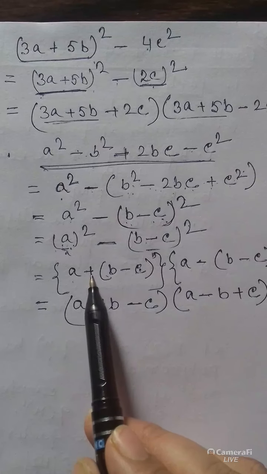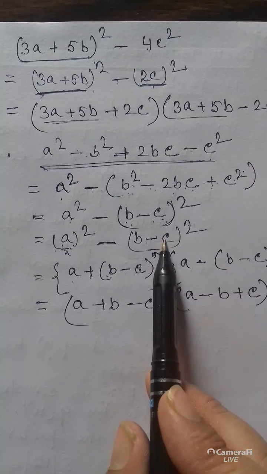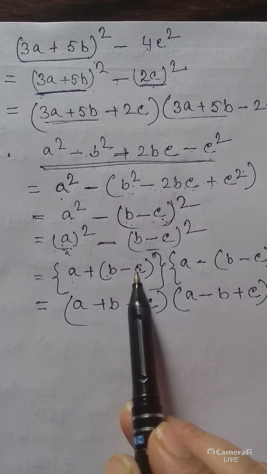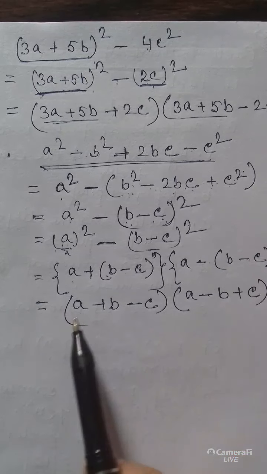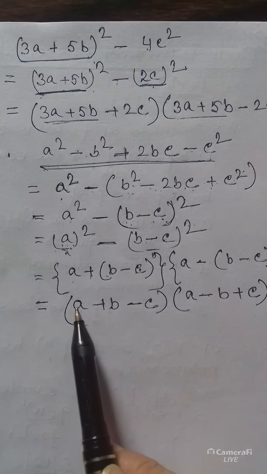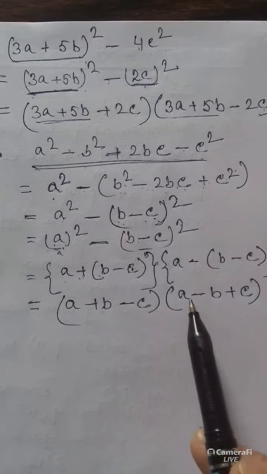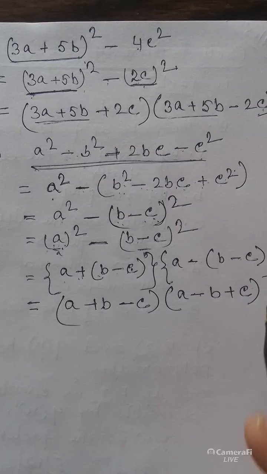We can write B for the total b minus c, whatever is in the bracket. So a plus b minus c and a minus b plus c. Is it okay?